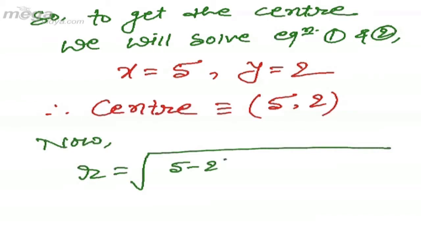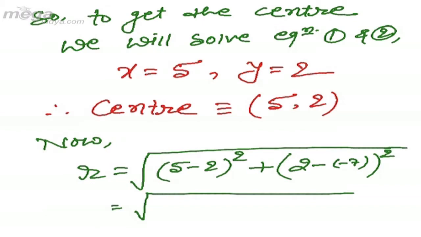It becomes 5 minus 2 whole square plus 2 minus minus 7 whole square. 5 minus 2 whole square is 9, plus 9 whole square is 81, which is root under 90.